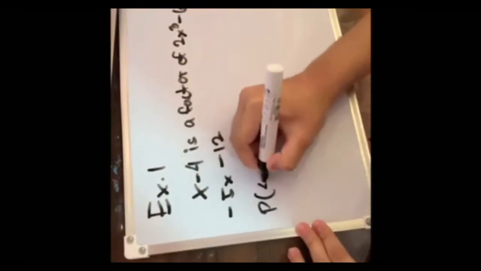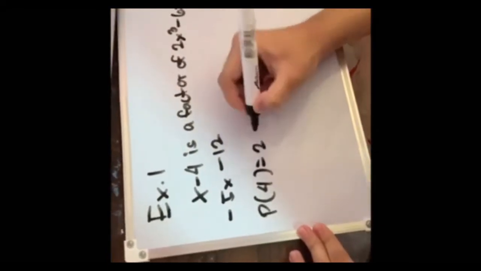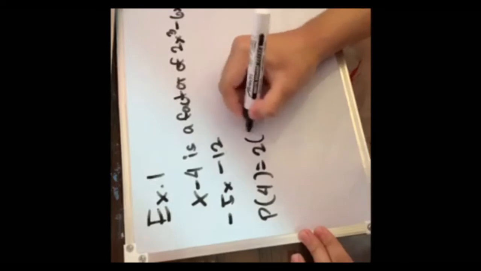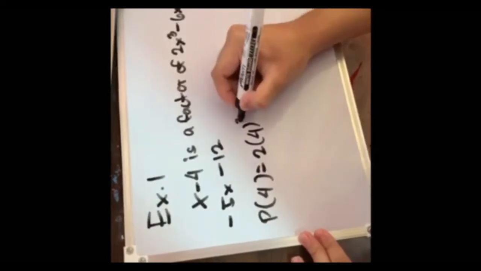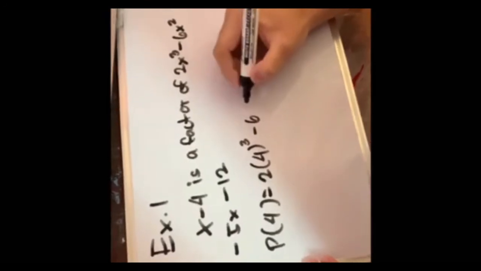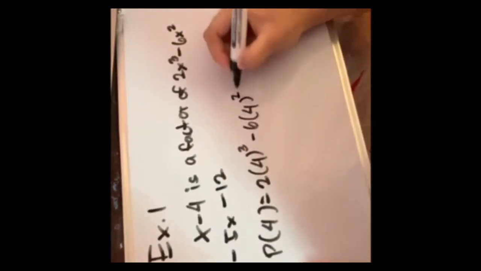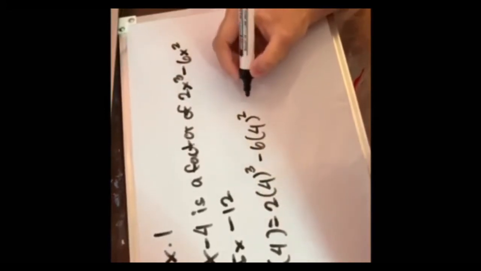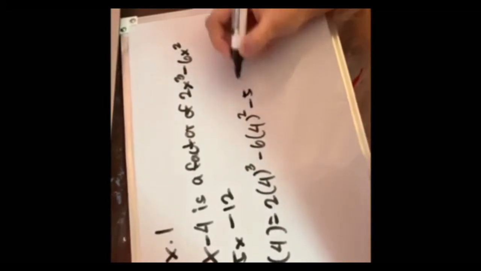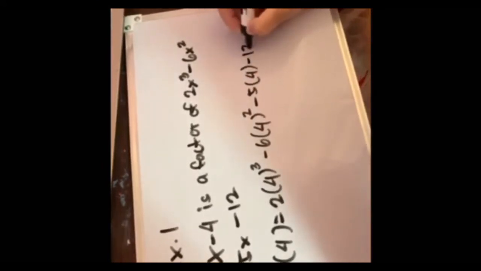P of 4 equals 2 times 4 cubed minus 6 times 4 squared minus 5 times 4 minus 12.